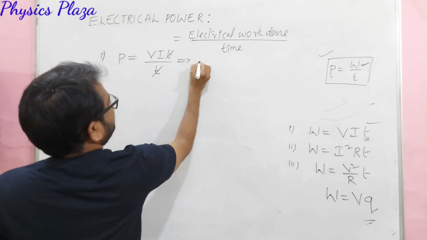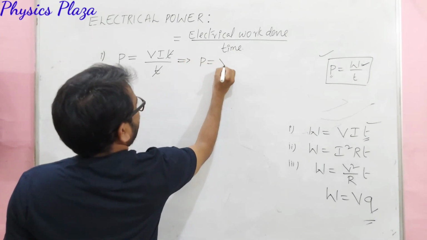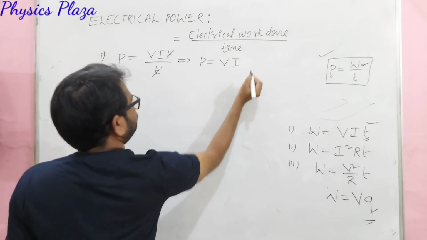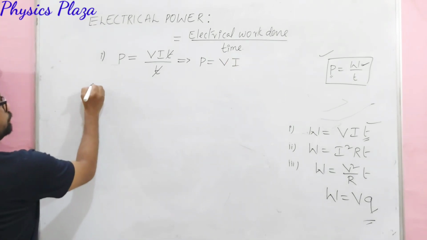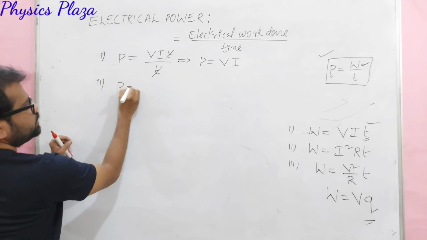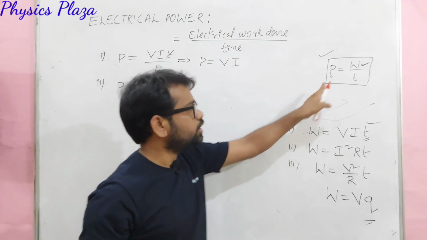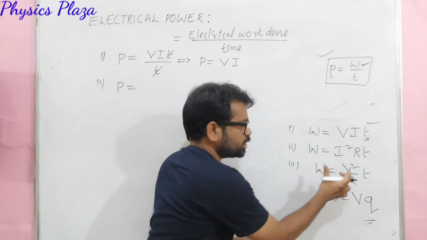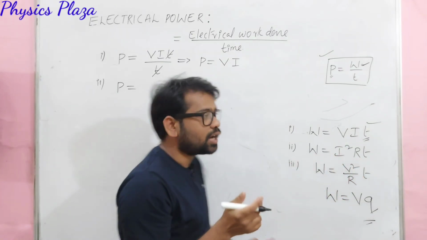So here time gets cancelled, and P is equal to V into I. The first expression to calculate the electrical power. The second expression: P is equal to electrical energy by time, and the next expression for electrical energy is I square RT.